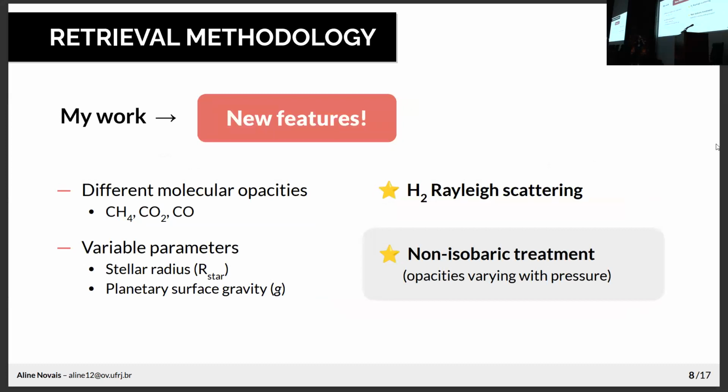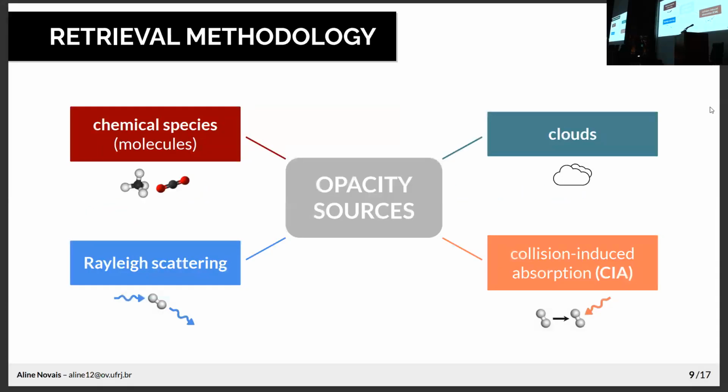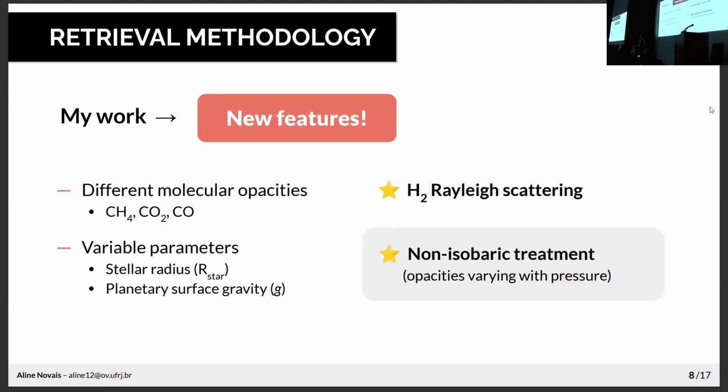Now about my specific work that I developed during my PhD. We took the original code, Helios-T, and we tried some new features. Here I highlighted, sorry, I think this doesn't really work, but I highlighted the main features that we added to our code.